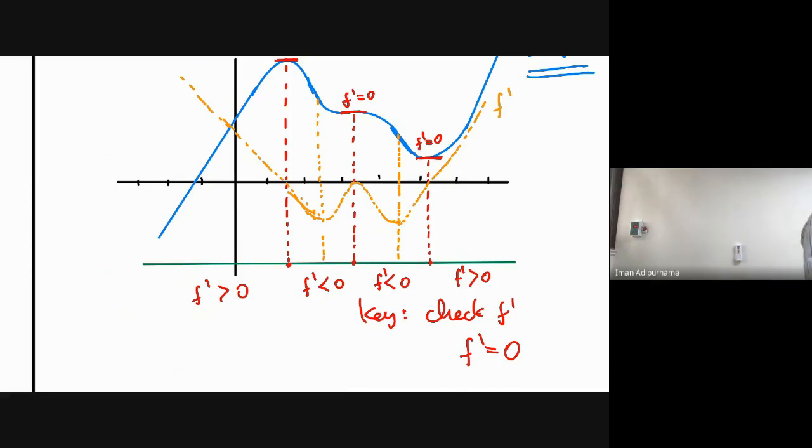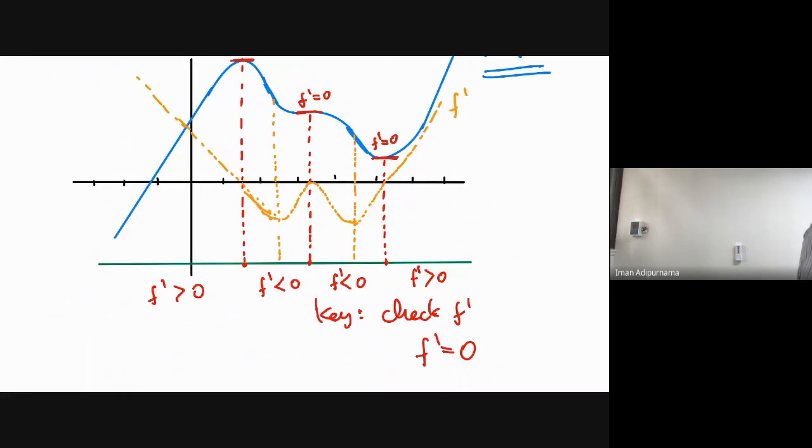Even though maybe I don't really care about the concavity or the inflection point, I need to have my f prime at 0. And I'm still going here. What should I do? I need to turn back, right? Got the idea? So I need to turn back here so that I get 0, right? You mean like this?